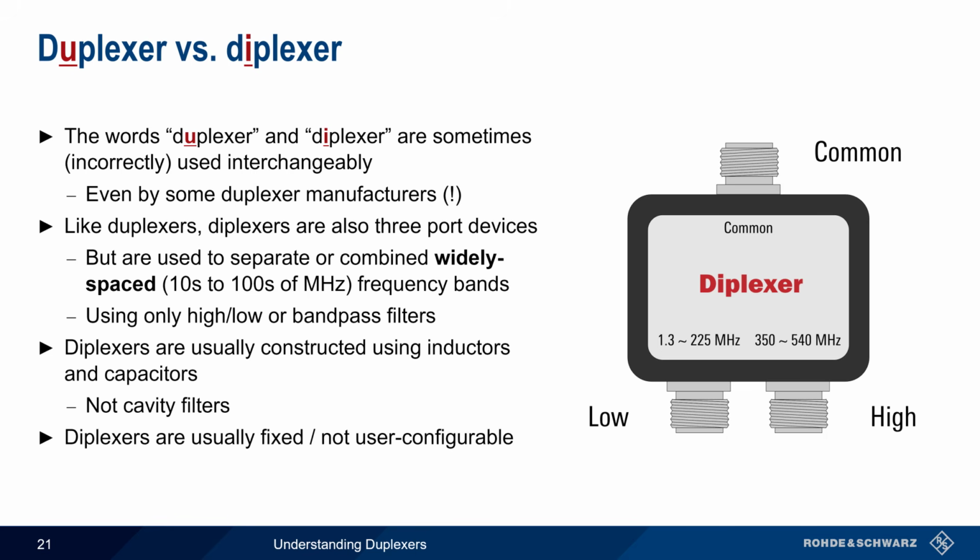And finally, diplexers are generally fixed and cannot be configured or tuned by the user, whereas duplexers often require tuning of both their band reject and band pass sections. Please see the separate presentation, Understanding Diplexers, if you'd like to learn more about diplexers, how they're used, and how they're measured.